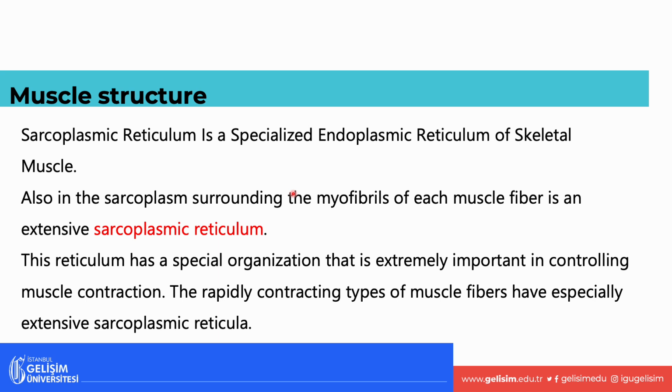When an action potential triggers the release of calcium ions from the sarcoplasmic reticulum, it causes the myosin and actin filaments to interact with one another, and this is what results in muscle contraction. Rapidly contracting muscle fibers have especially extensive sarcoplasmic reticula to ensure a rapid and efficient release of calcium ions.